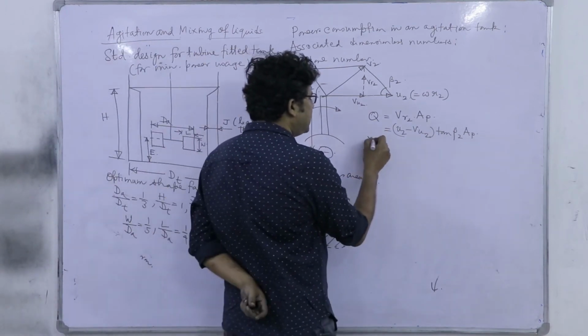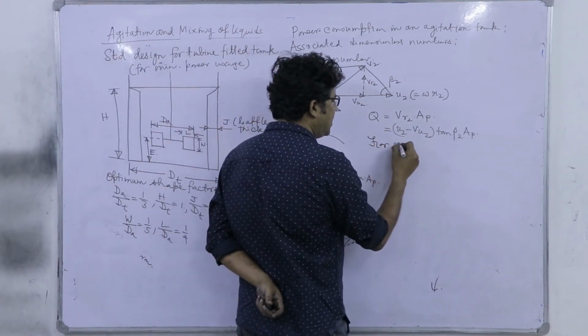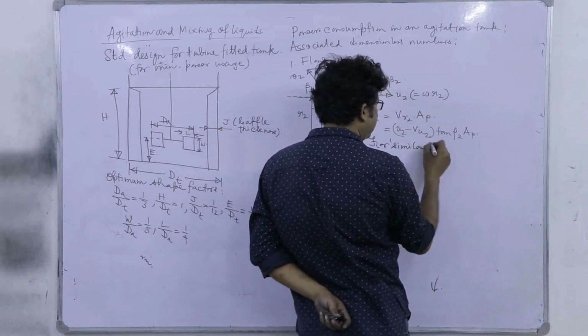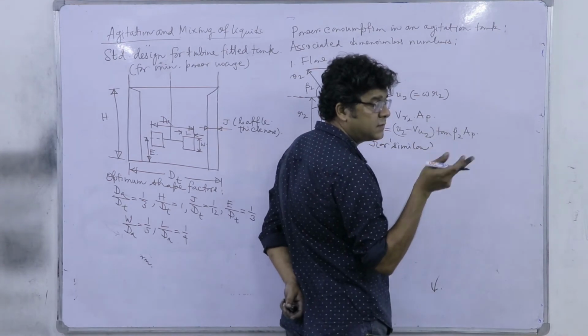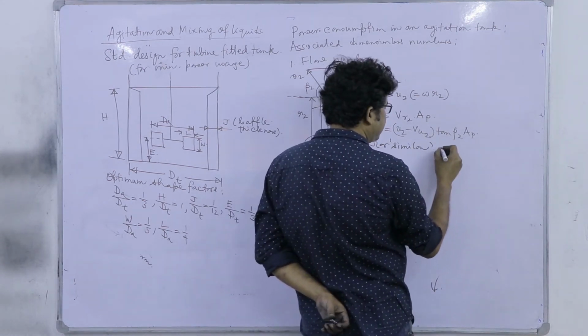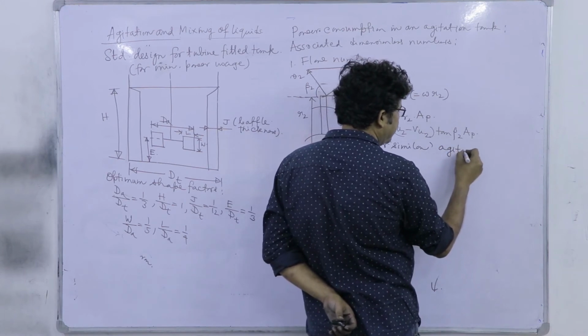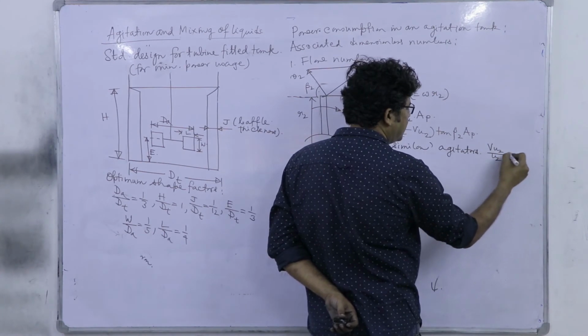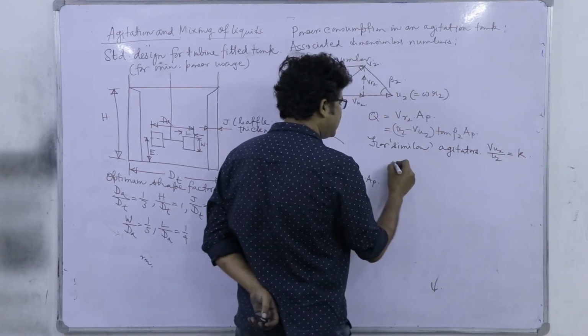Now, for similar agitators, the similar means it is following this geometric and kinematic similarity. Vu2 by u2 is equal to k, a constant.